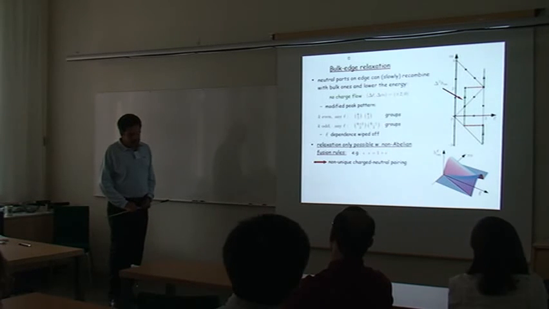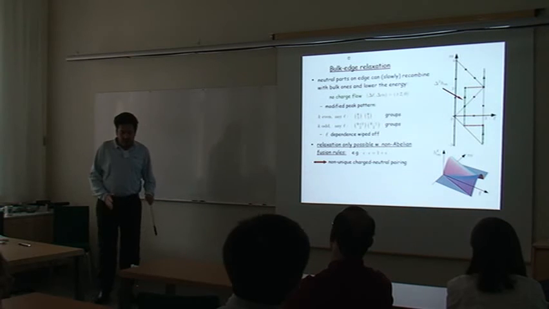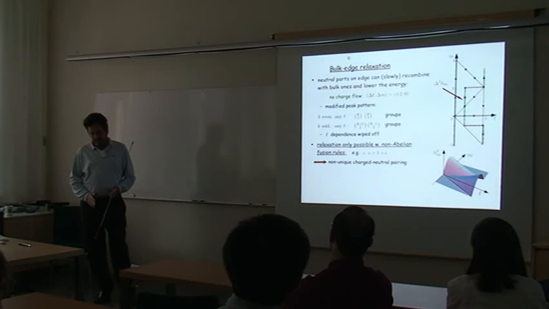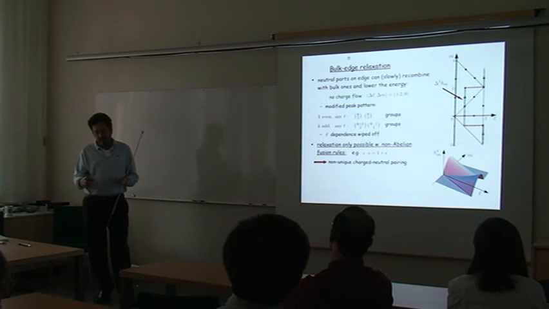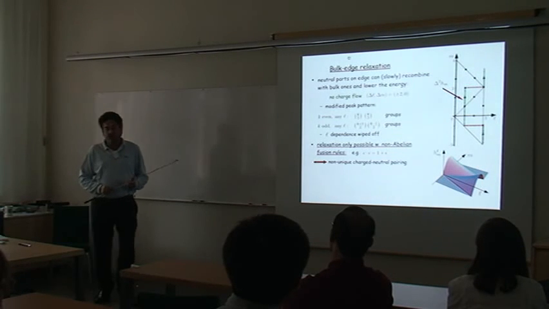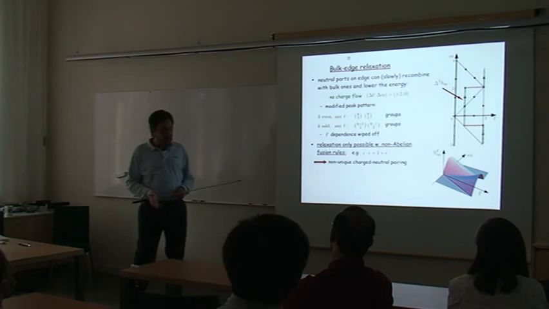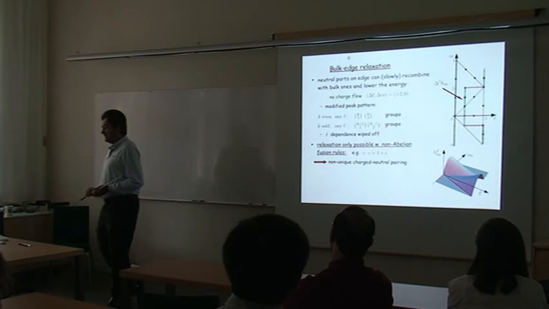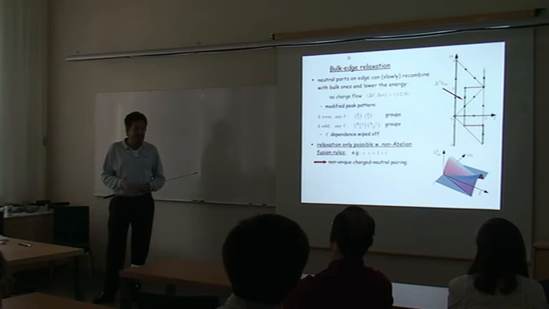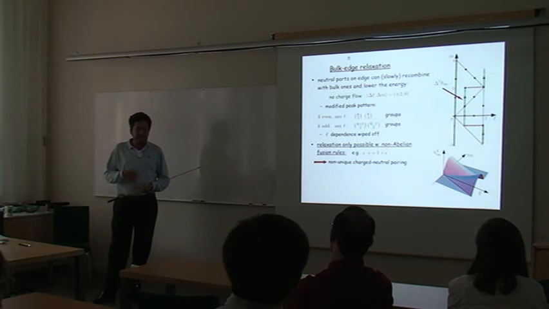How is that possible? Well, it could be possible that the neutral part of the excitation at the edge and in the bulk fuse together and create another excitation which has a lower energy. Okay, whether this is possible or not is not clear at present. People say that maybe it is possible, but it takes some time.